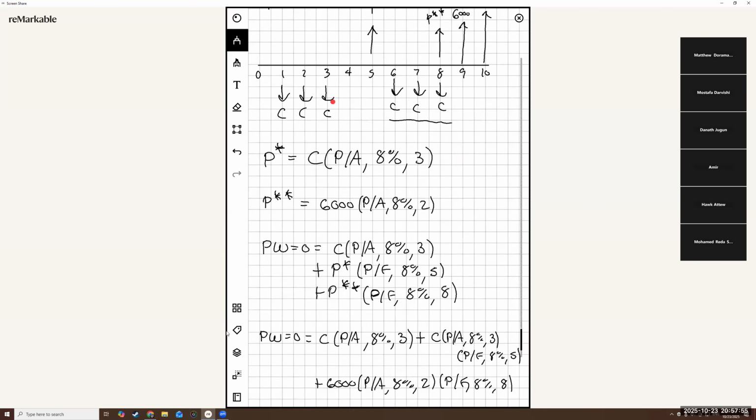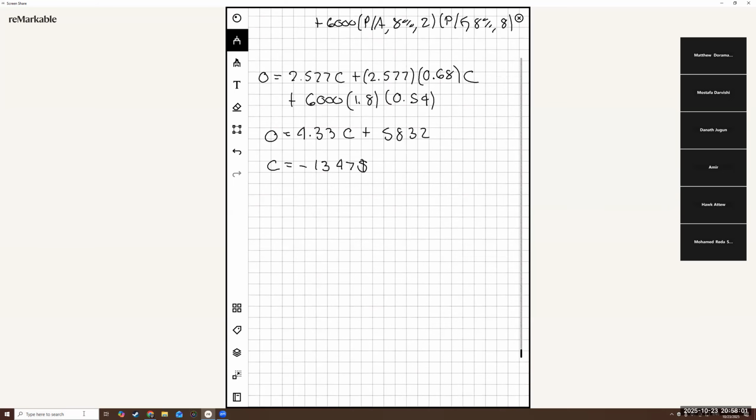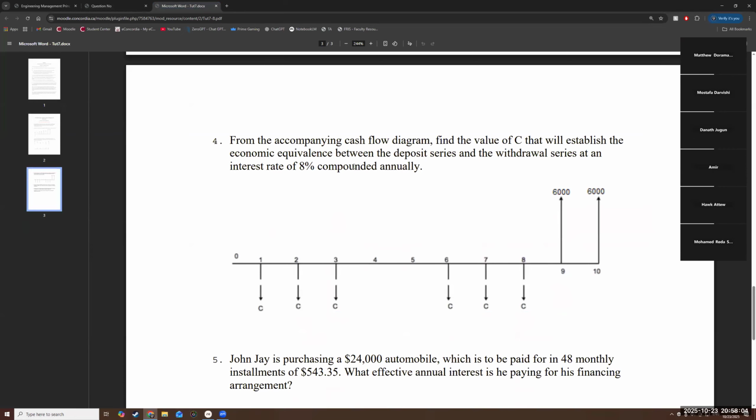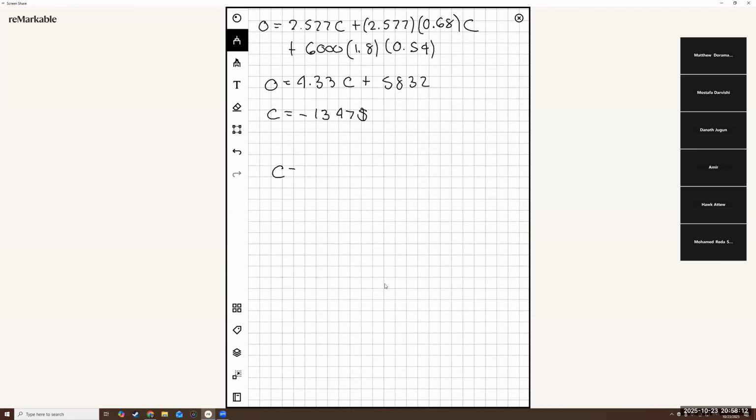So it's showing that this is definitely a negative value. Since C in this diagram shows pointing downwards, the negative is implied. So therefore the value for C is $1,347. That's your final answer.